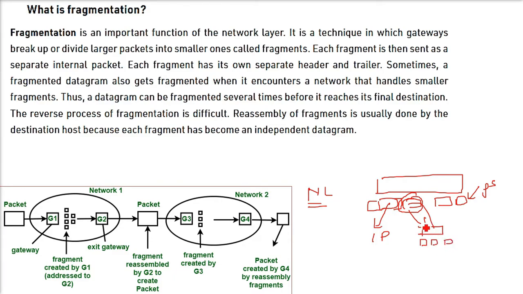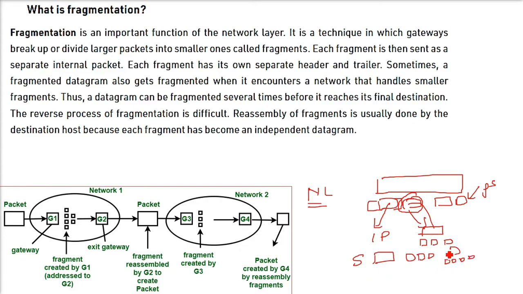The reverse process of fragmentation is somewhat difficult. That is called reassembly. The reassembly of fragments is usually done by the destination host, because each fragment has become an independent datagram now. So this is the whole process of fragmentation, and it is done by the network layer.